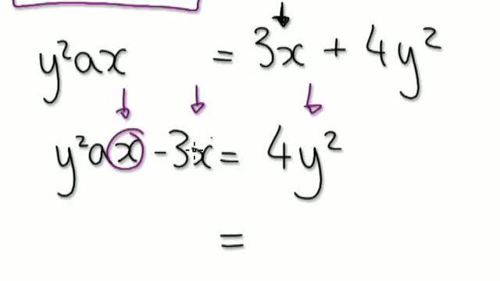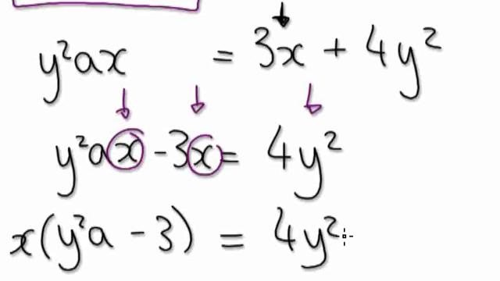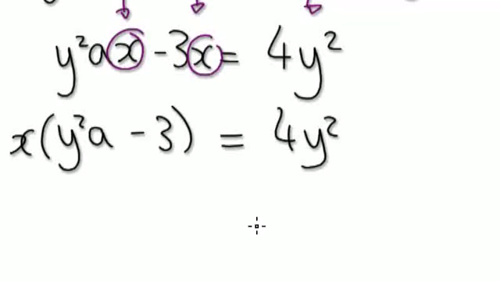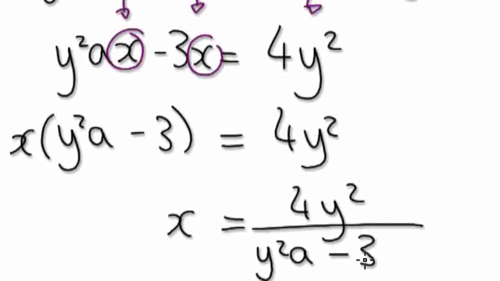Now x appears in here and here, so let's factorize. So you have x bracket y squared a minus 3, equals 4y squared. Now divide both sides by the brackets. So it will be x equals 4y squared all over y squared a minus 3.